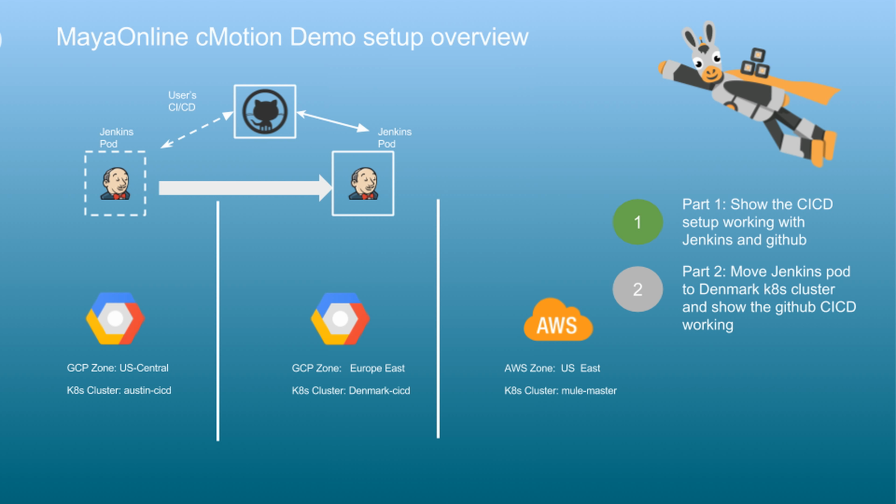We will now move the Jenkins pod from Austin cluster to Denmark cluster, using MayaOnline cMotion.